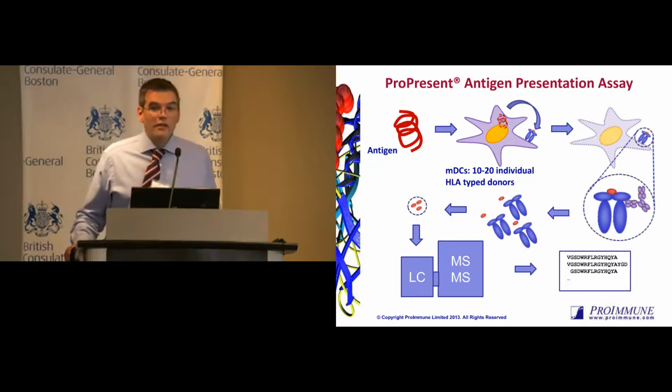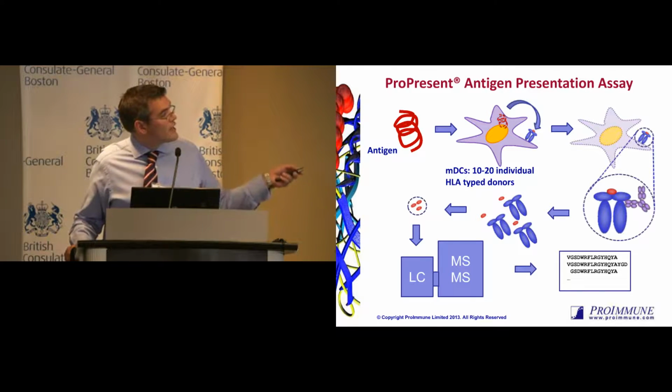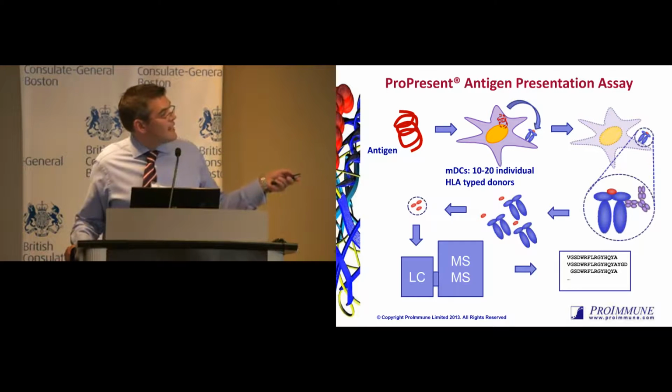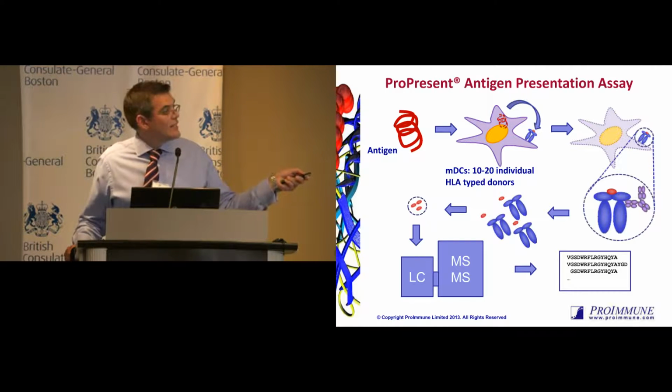So this cartoon overview just shows you exactly what we do. First of all, the antigen, which is typically provided by our clients, is loaded into immature monocyte-derived DCs. The DCs are then matured, and this causes upregulation of MHC class II, and peptides derived from this antigen are then naturally presented in the context of the MHC molecule.